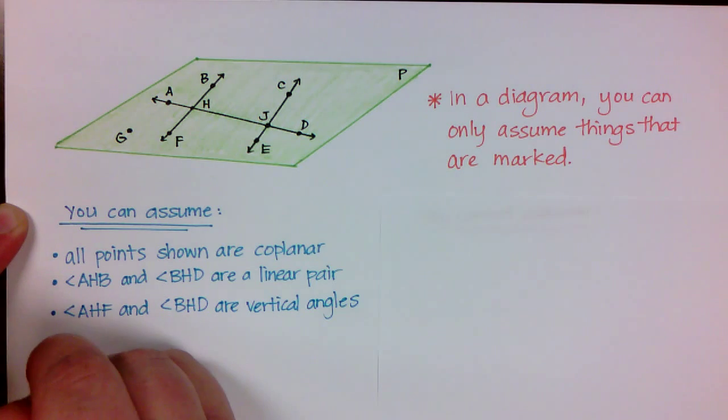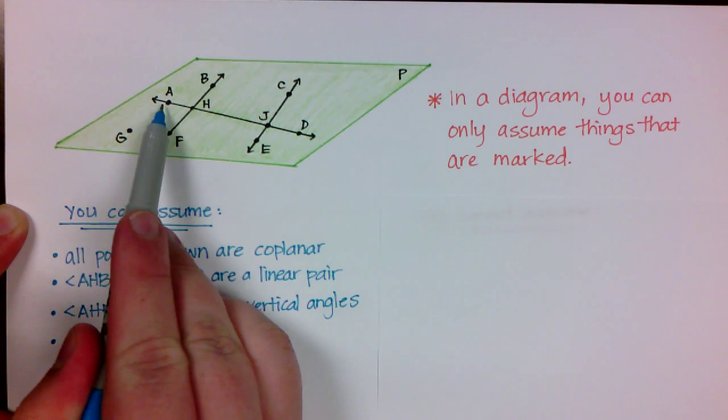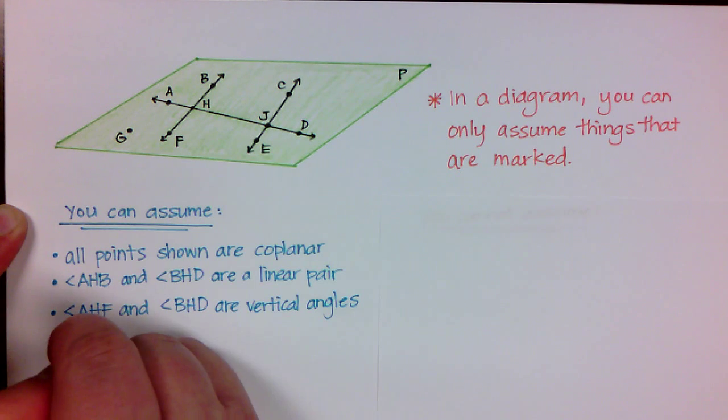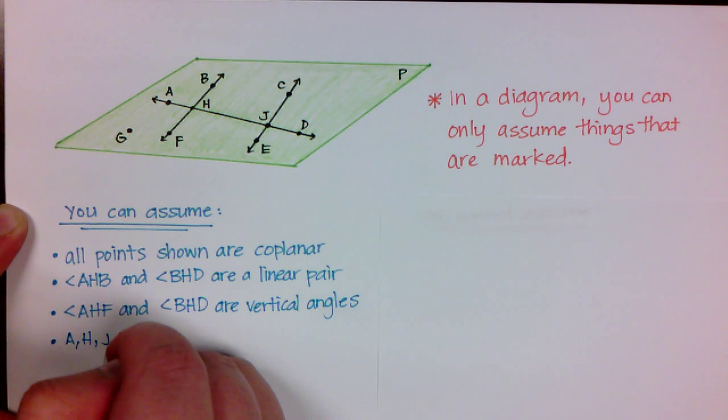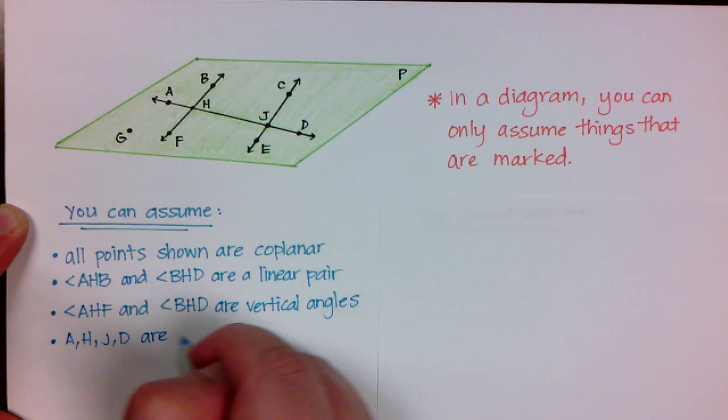Okay. Let's see here. See this line that I have? I can assume that those points A, H, J, and D are collinear.